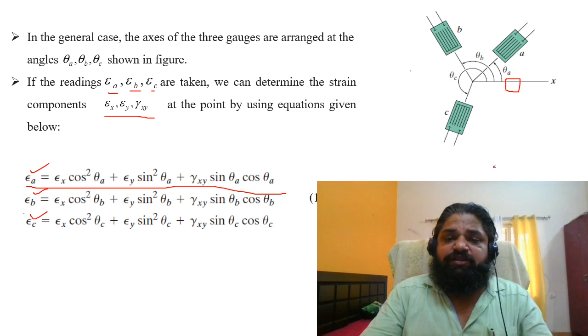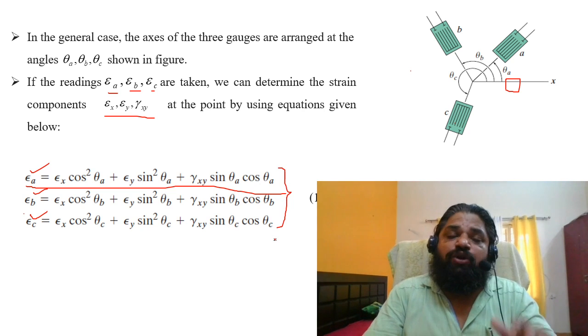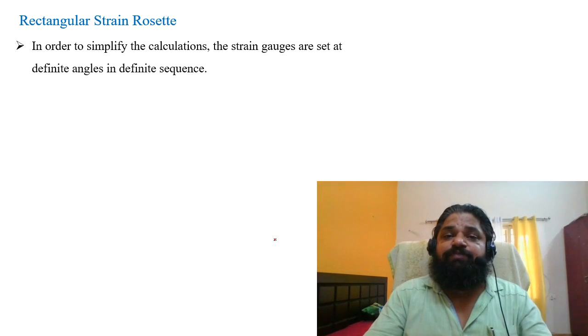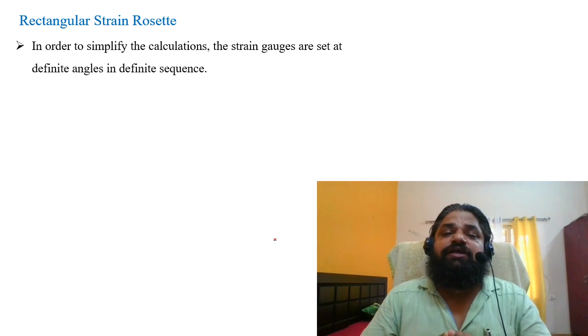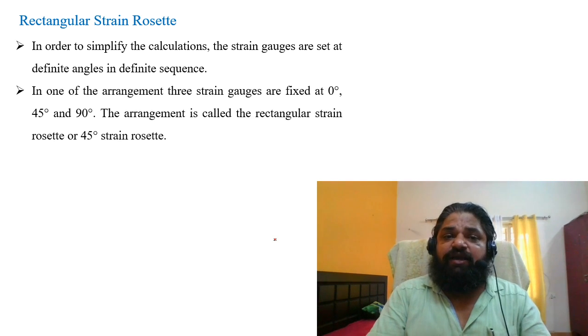So these three formulas as a whole are a set of formulas. One set of formulas will be sufficient to give me the strains. Then how to evaluate? The strain rosettes are classified based on the placing of the strain gauges. First is the rectangular strain rosette.